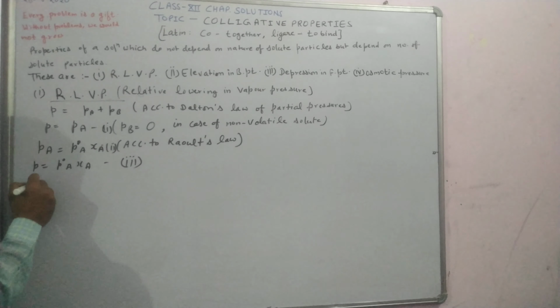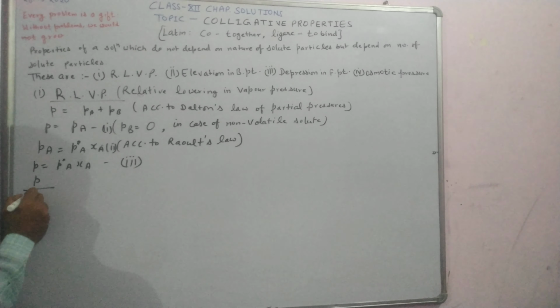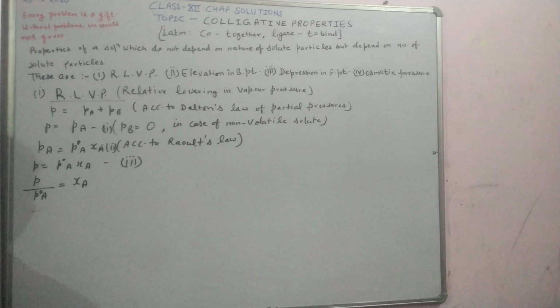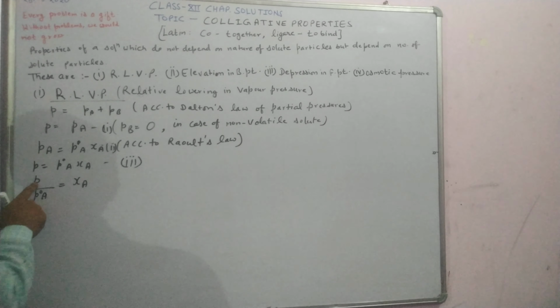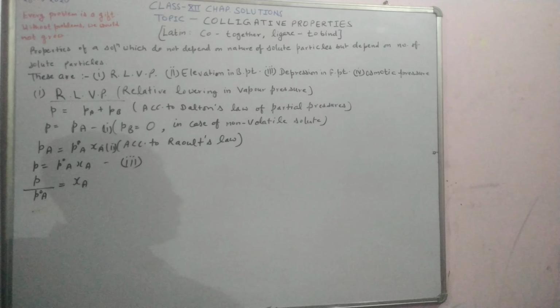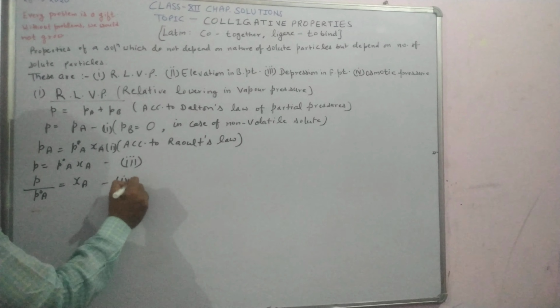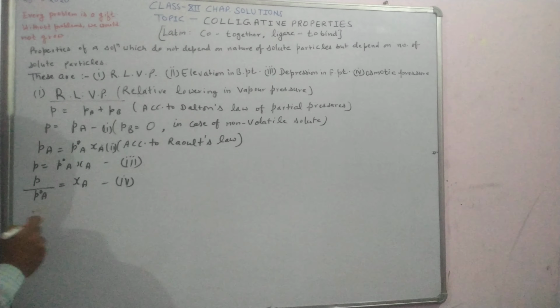Now we can simplify it by putting P naught A below P, and it will become P divided by P naught A is equal to XA, where P is the total pressure of solution, P naught A is the partial pressure of pure solvent and XA is the mole fraction of solvent. Now we will subtract this equation from 1.